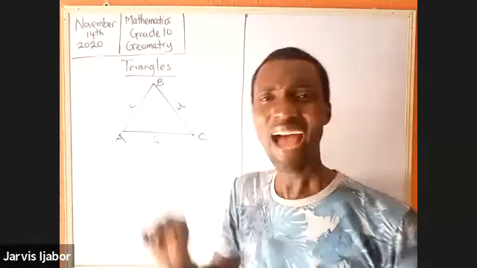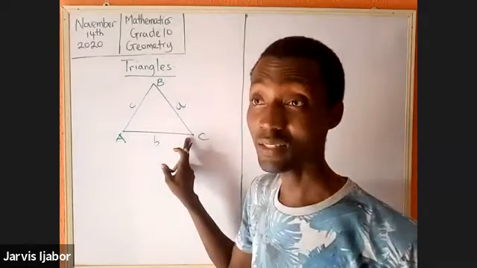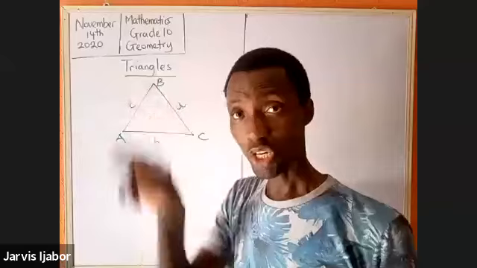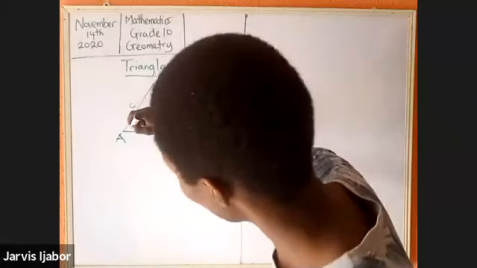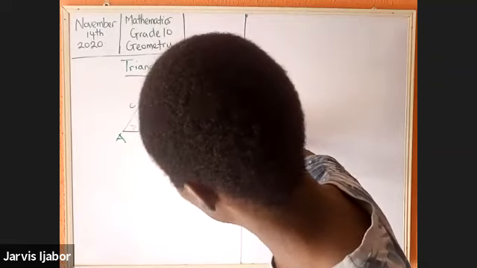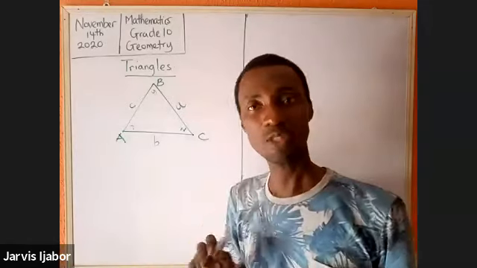Also, the angles at this point could be represented with capital letters where they are standalone points in a shape, or we could use small letters. Let me call here x, I can call here y, I can call here what? z. Small letters. So please take note of this.